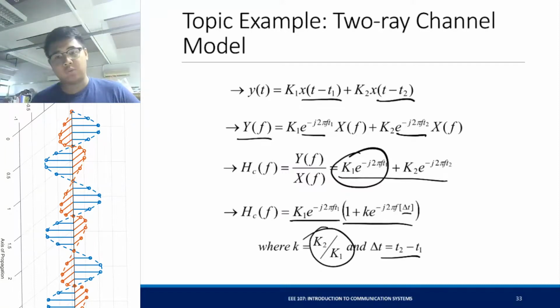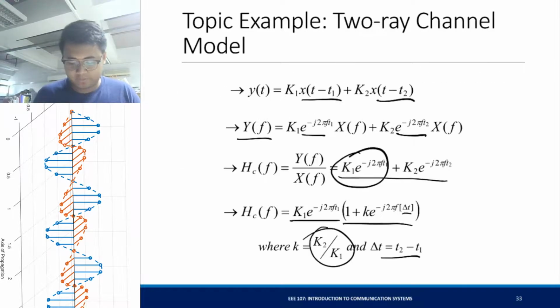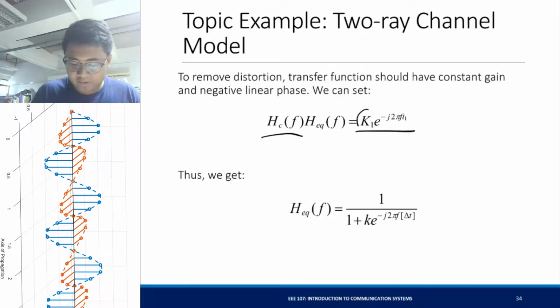It's t2 minus t1. And the equalizer, well, when we multiply the equalizer frequency response, H of f right here, with the channel response, we want it to be this function right here, and it's equal to this. K here can be arbitrary.